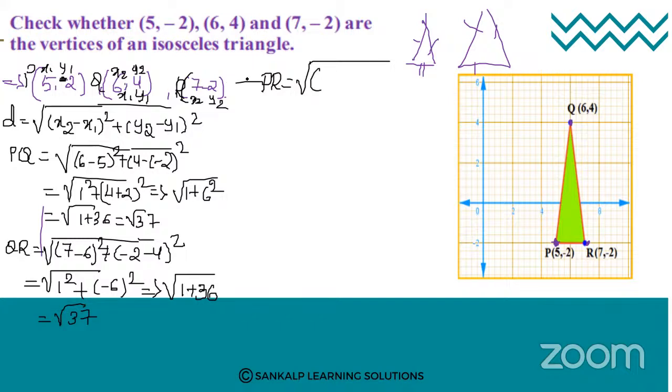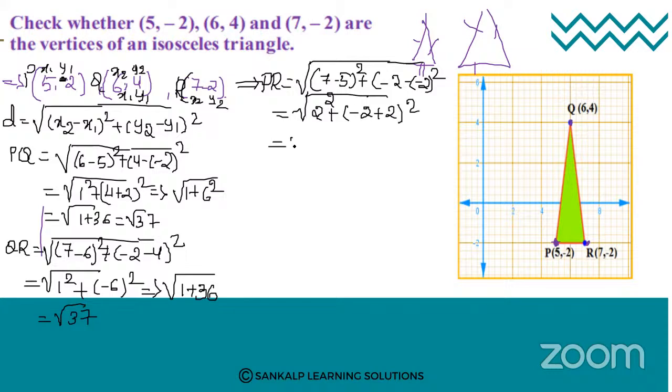Now x2 value is 7, and x1 value is 5: (7 minus 5) whole square plus y2 value -2 minus of -2 whole square. 7 minus 5 is 2 square plus (-2 plus 2) whole square. 2 square is 4. -2 plus 2 will get cancelled, so it becomes 0.